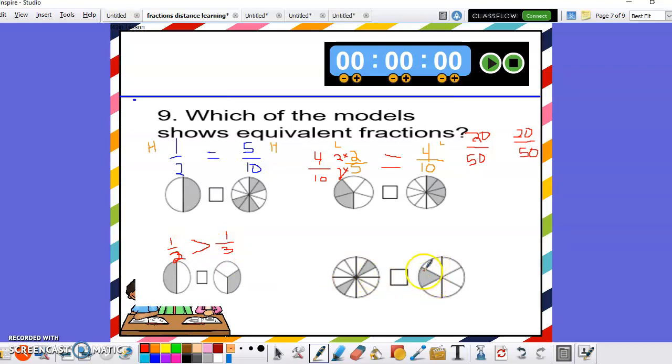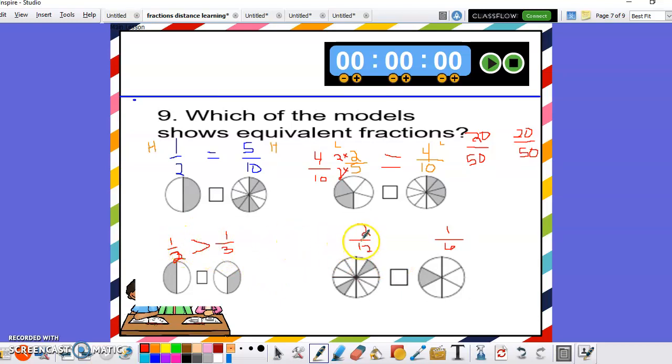And then looking over here, I have 1, 2, 3, 4, 5, 6 total pieces. One of these is shaded. Here I have 1, 2, 3, 4, 5, 6, 7, 8, 9, 10, 11, 12, and 2 of them are shaded. Before, over here, both of my numerators were the same.